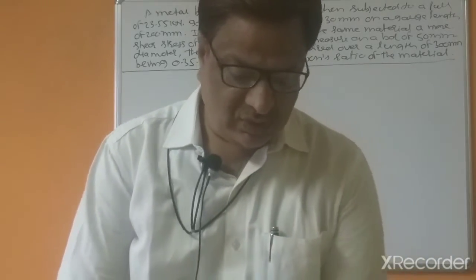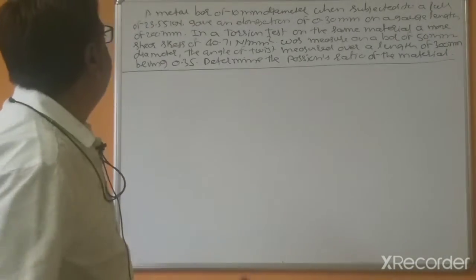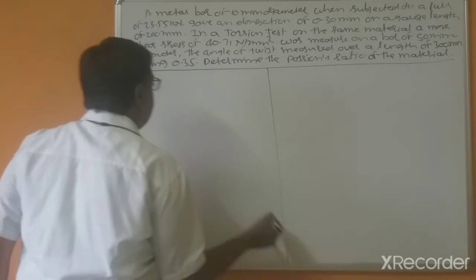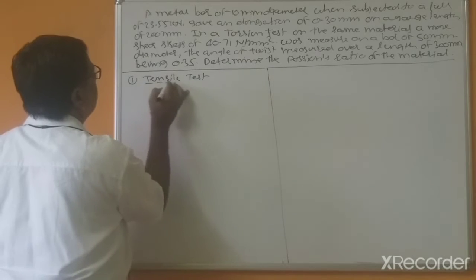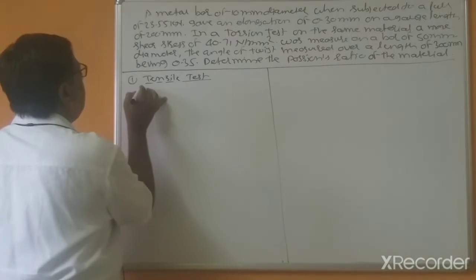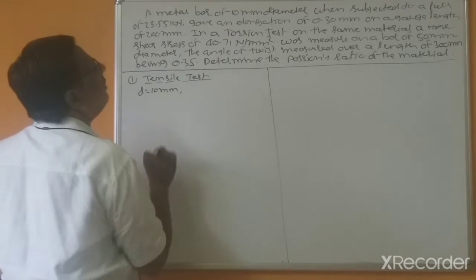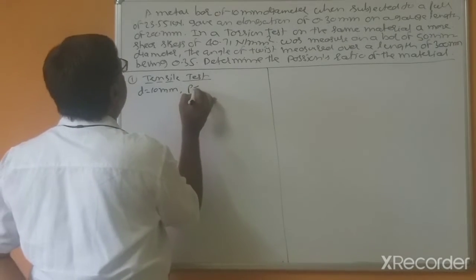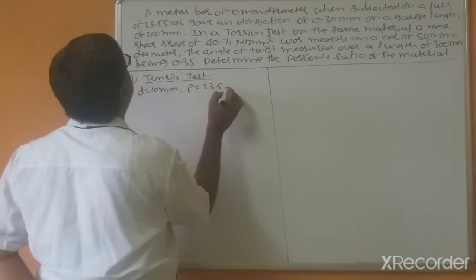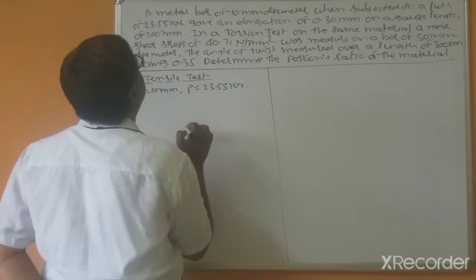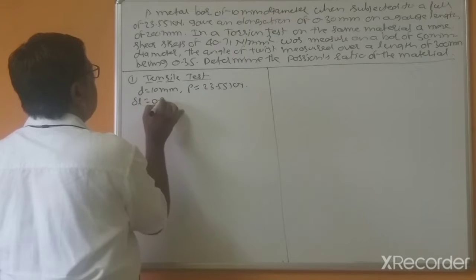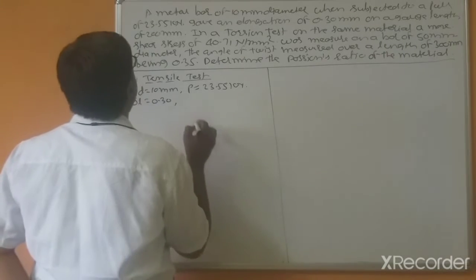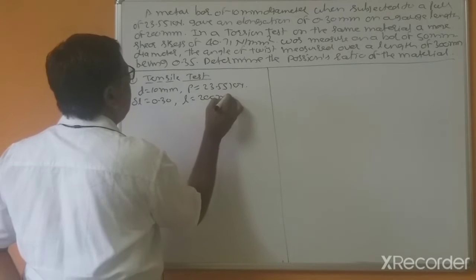So here, first apply the tensile test. By using the tensile test, D equal to 10 mm, P equal to 23.5 kilonewton, elongation delta L equal to 0.30 and L equal to 200 mm.